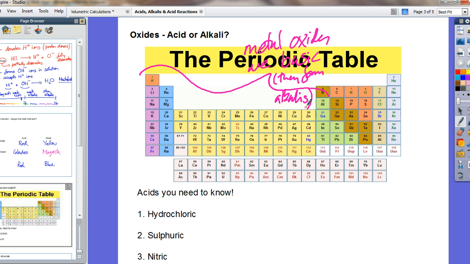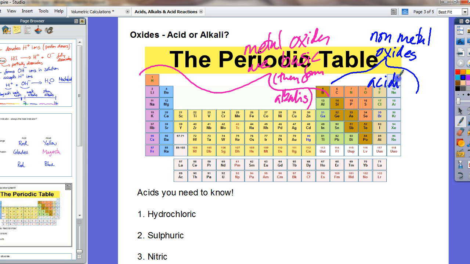Non-metal oxides, carbon dioxide, nitrogen dioxide, sulfur dioxide, form acidic oxides. So non-metal oxides are acidic.